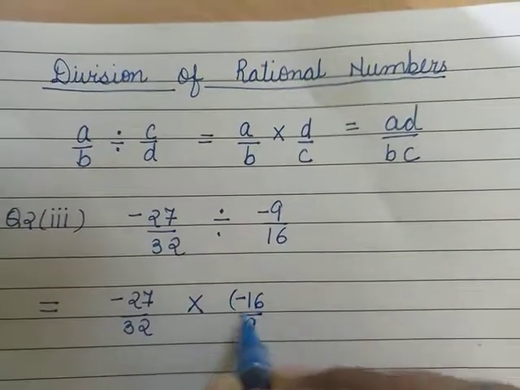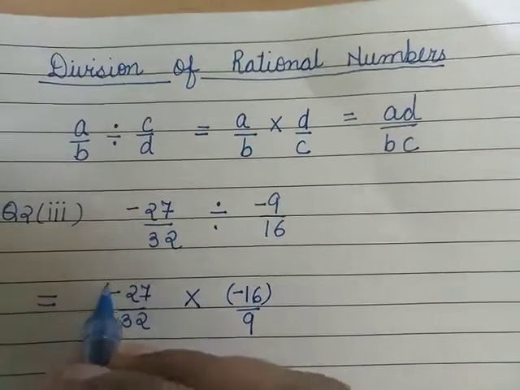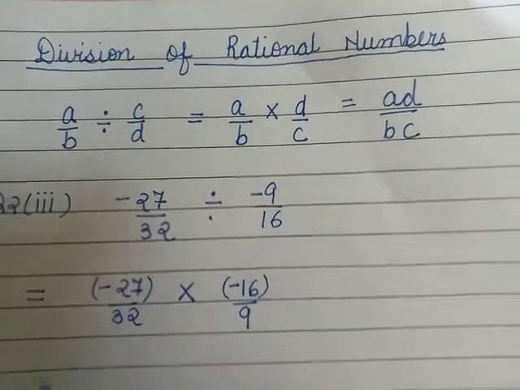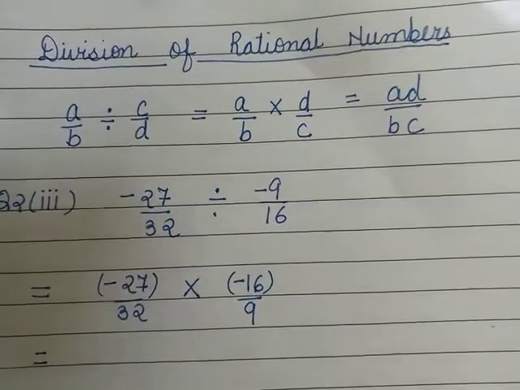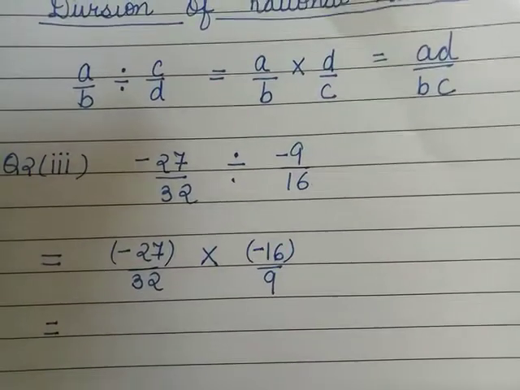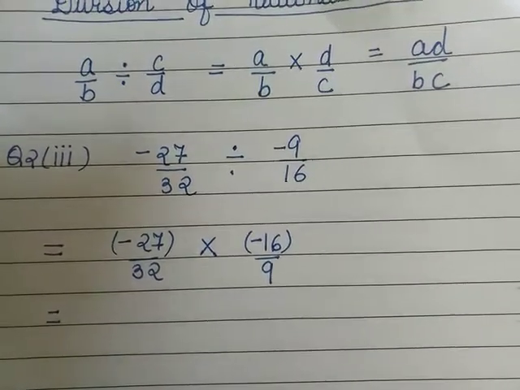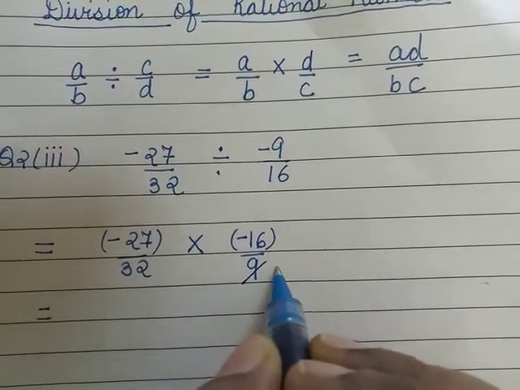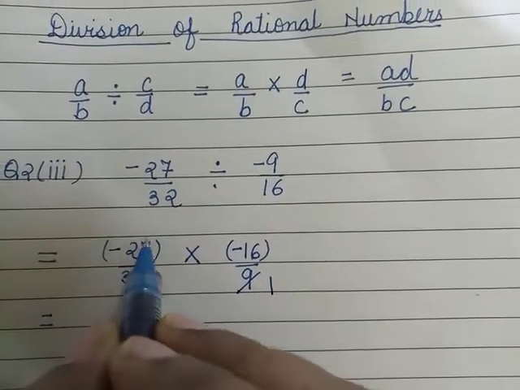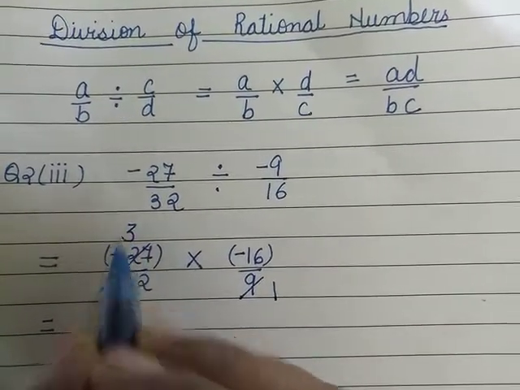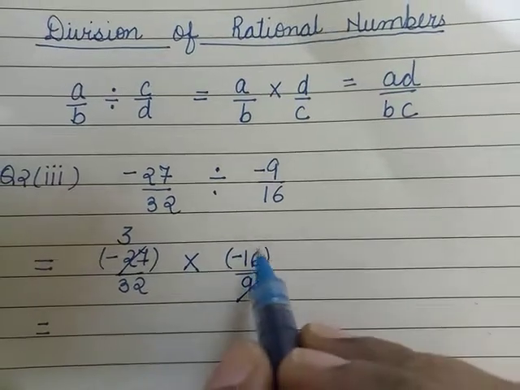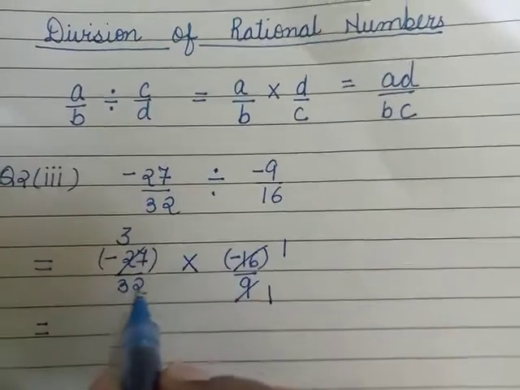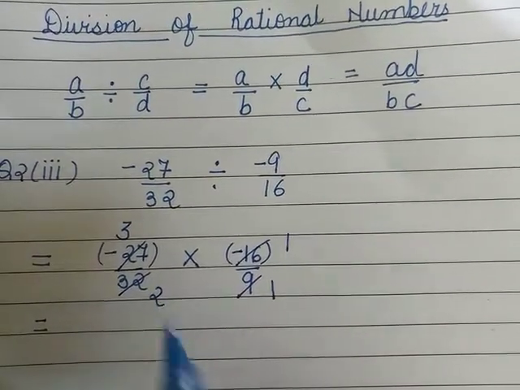Okay, always write the negative integers in brackets so that it avoids confusion of sign. Now whatever can be cancelled will cancel out. So 9 and 27 get cancelled. 9 ones are 9, 9 threes are 27. 16 ones are 16, 16 twos are 32.